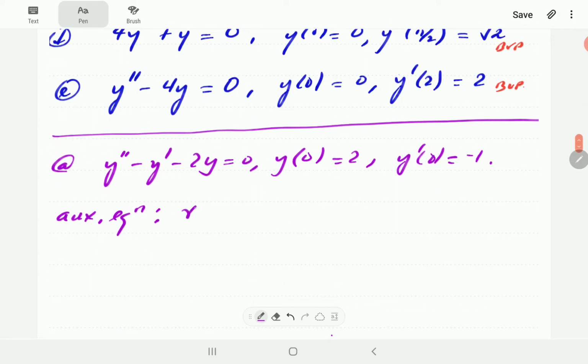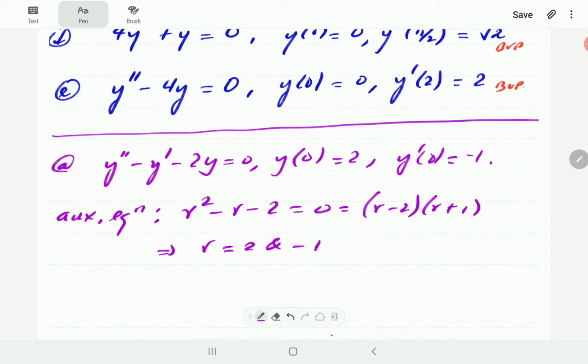So here we're going to have r squared minus r minus 2 equal to 0. This factors into (r minus 2)(r plus 1), which means the roots are 2 and negative 1.